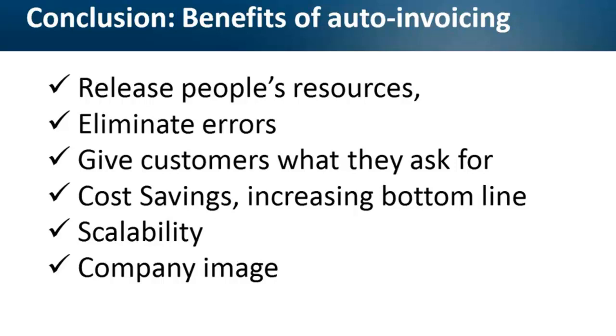It also means faster payments, direct and indirect cost savings, and scalability. As your company grows, the auto-invoicing process grows with it. And we talked about 3 ways to implement auto-invoicing: do it yourself with LBOX, and the do it for me option.